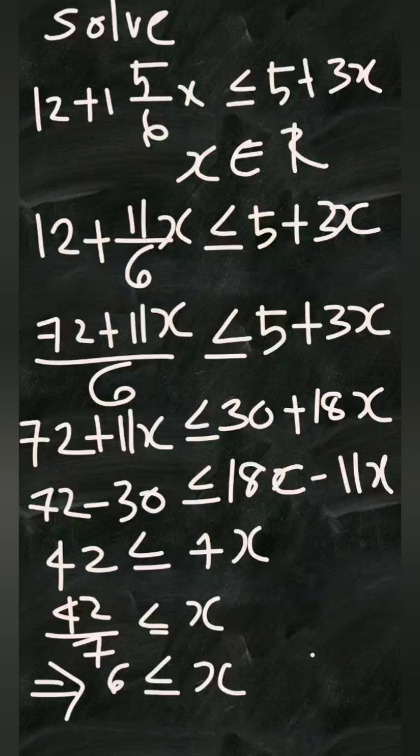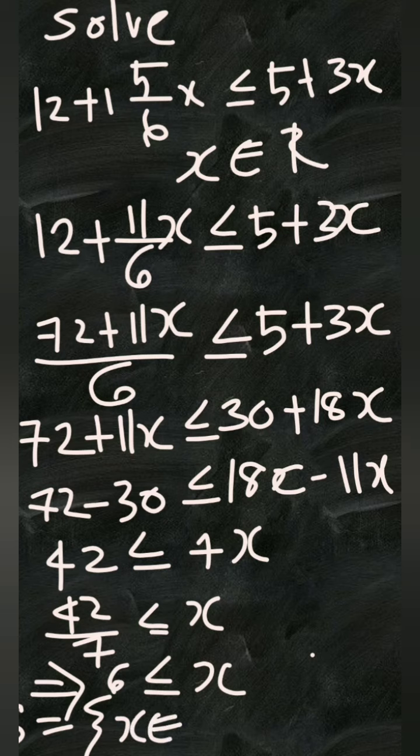So we simplify the given linear inequation as 6 less than or equal to x. That means all the values of x should be greater than or equal to 6, and we can take the values only from the set of real numbers. So the solution set will be the set of all x, element of R, such that x is greater than or equal to 6.